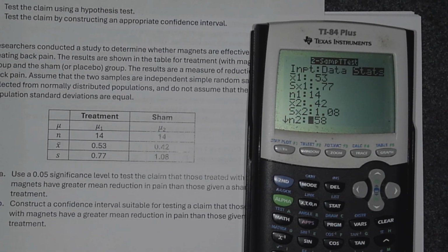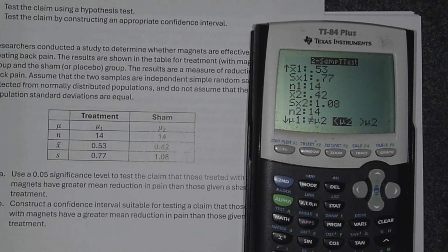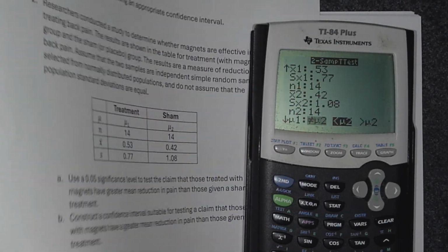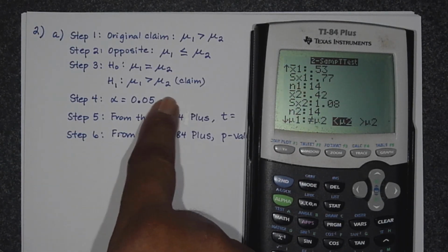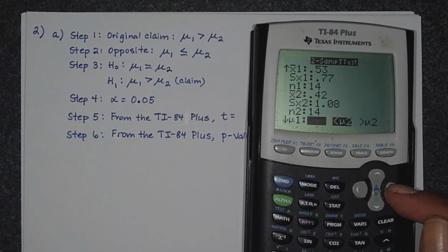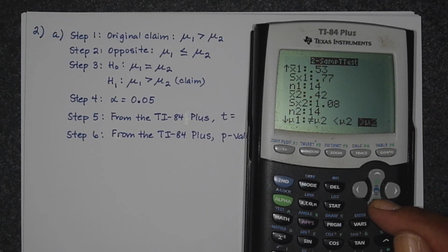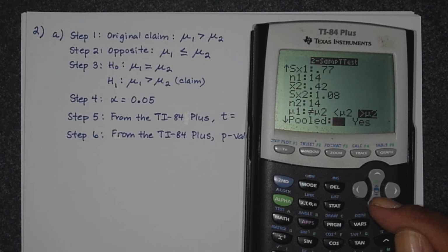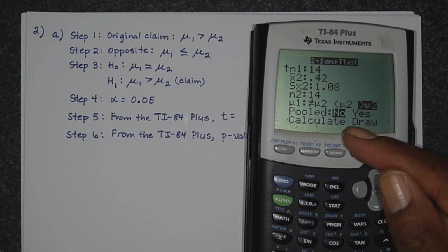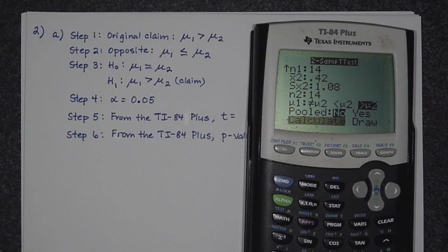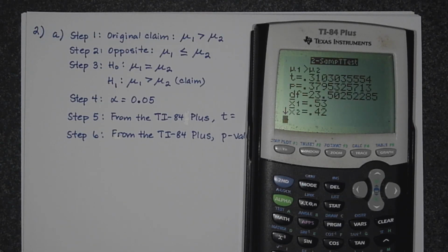And then N2, sample size of that second treatment, that's 14. Now for the mu sub 1, will it be not equal to, less than, or greater than? Greater than from the alternative hypothesis. So that means I'm going to use my right arrow key to put the cursor on top of greater than mu sub 2 and then press enter to highlight it. Then I'm going to use my down arrow key. For pooled, it will always be no, so don't worry about that. Keep going down. Make sure the cursor's on top of calculate, and then hit enter.